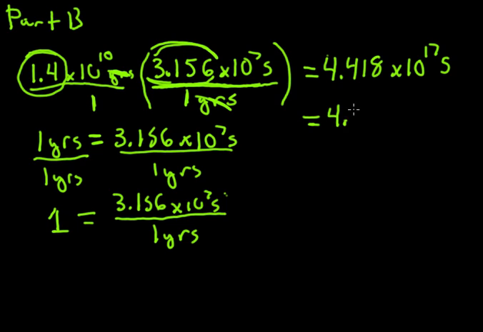So this becomes 4.4 times 10 to the 17th seconds, because we only want 2 significant figures. I think the question itself forces us to do it that way, in the way they asked, that they said, please use 2 significant figures. But because our measure was given in 2 significant figures, our answer should only be in 2 significant figures.